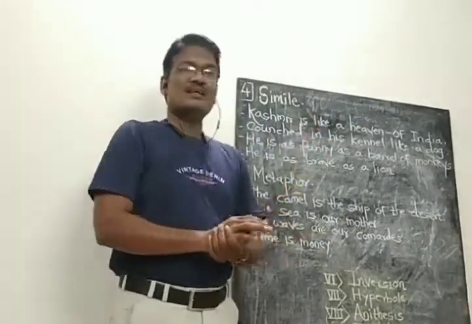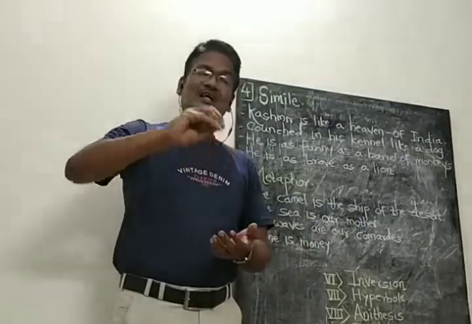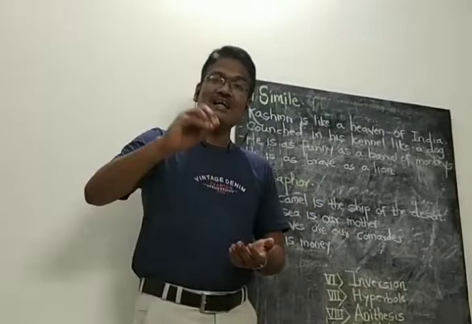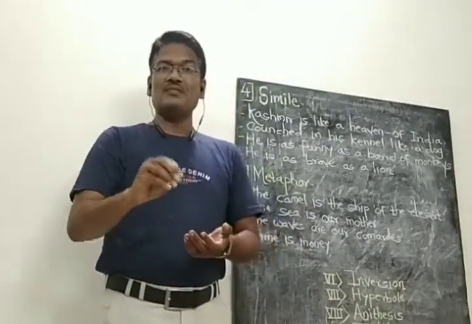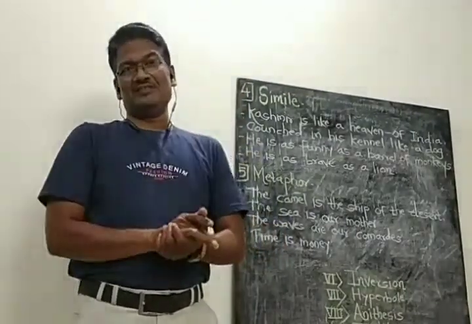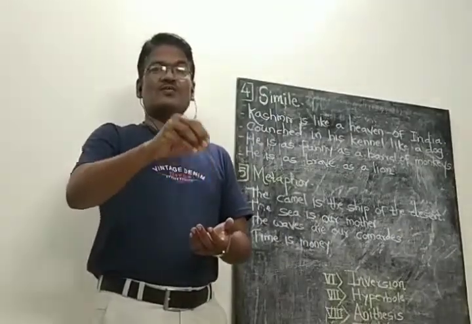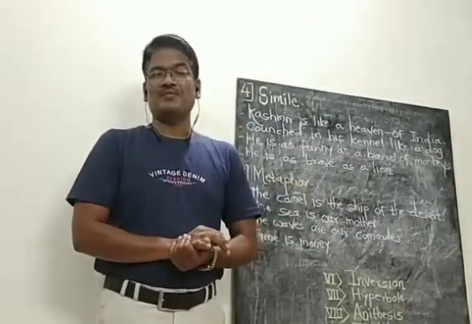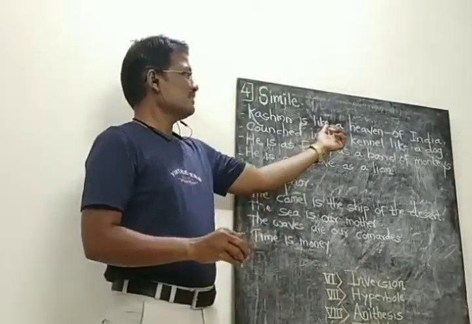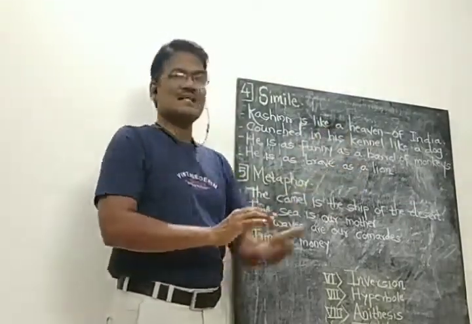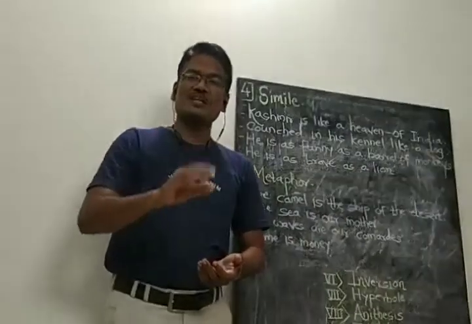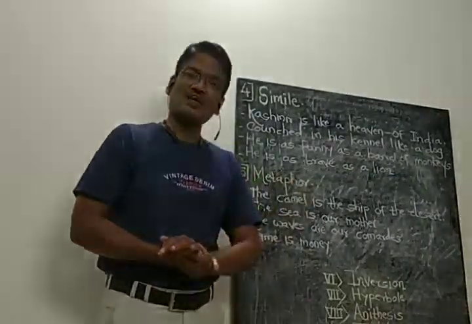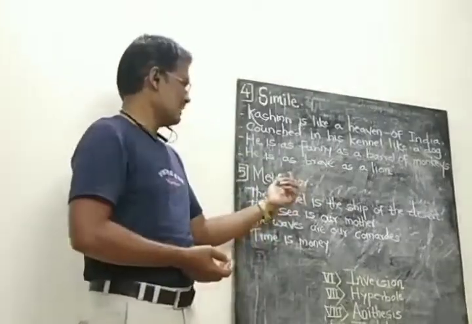In simile, there is a direct comparison, but in metaphor, there is an indirect comparison between two kinds of things having at least one quality the same. In simile, words like "like" or "as" are used, but in metaphor, such words are not used.